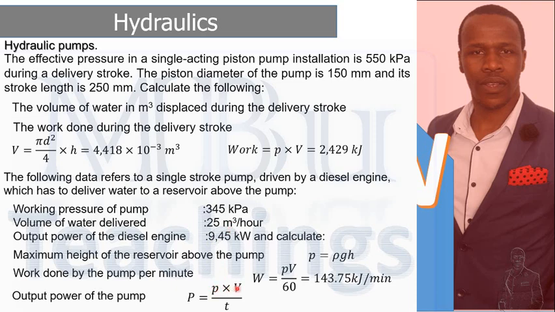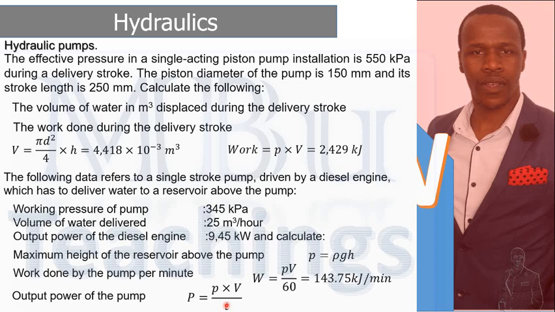So we'll have our 345,000 pascals times the volume which is 25. Then you divide that by an hour, which is 3,600 seconds. And the answer that I got from that was 2,395,833 watts.